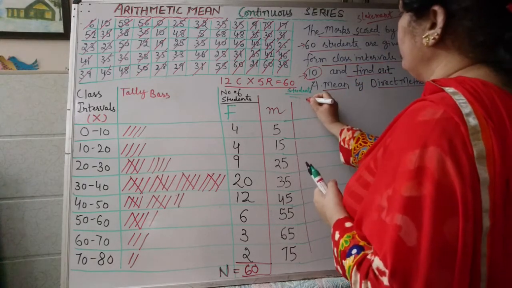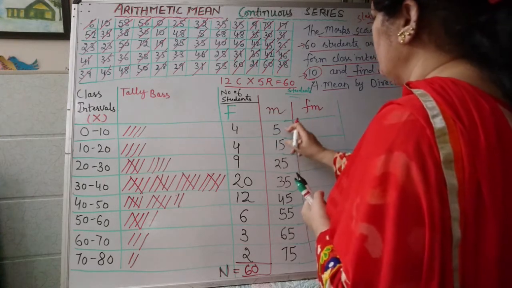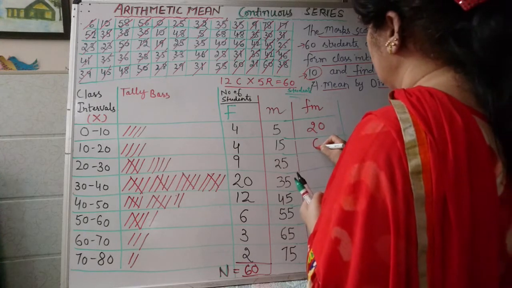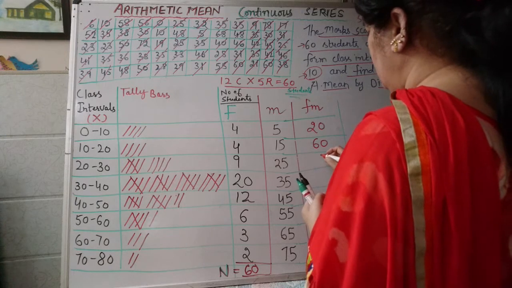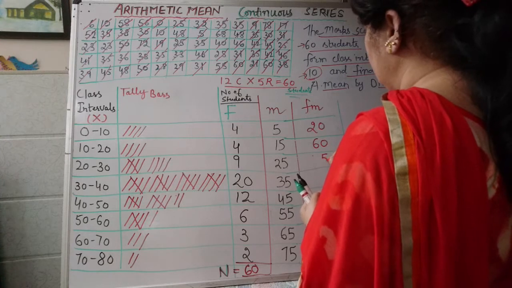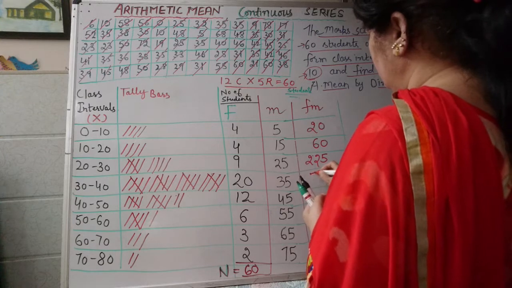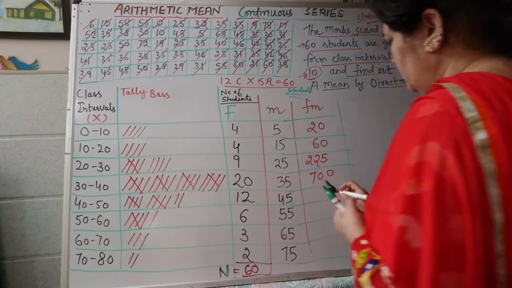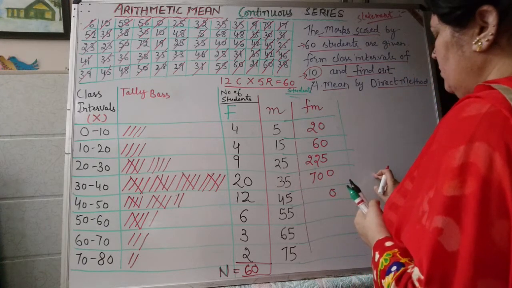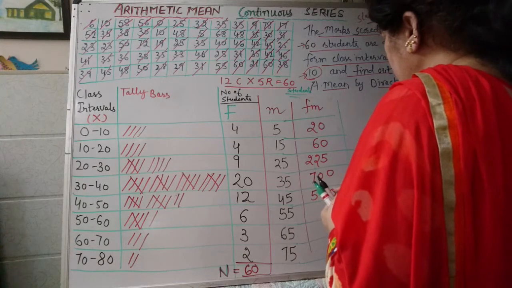Let us calculate fm, frequency multiplied by mid values. 4 multiplied by 5, 20, then 60, then 250, 700, then 12 multiplied by 45 is 540.